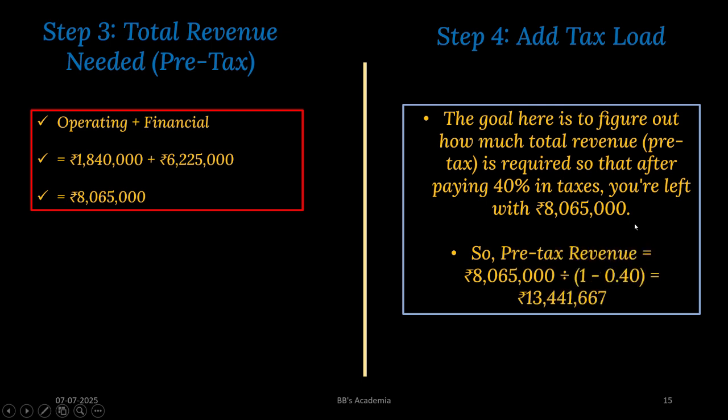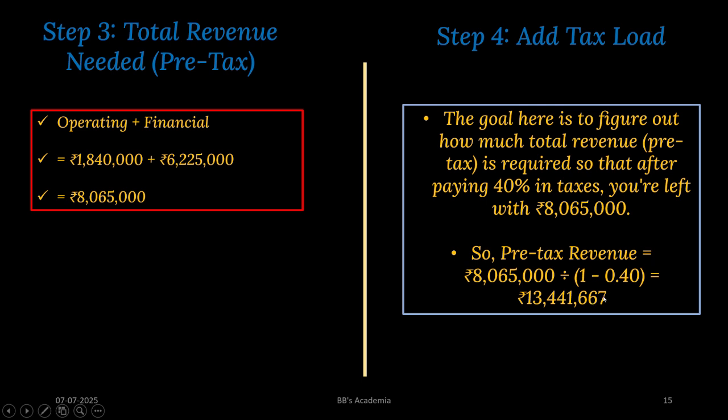And for that you have to use the pre-tax revenue formula: this amount divided by 1 minus 40%. And this is the figure: 13 crores, 44 lakhs, 160,1,667 only.